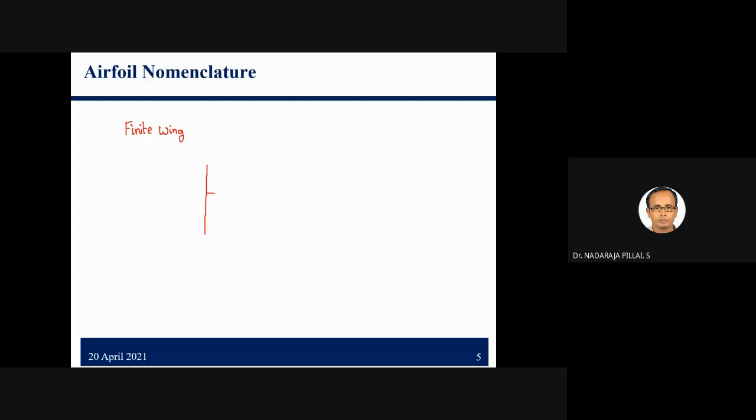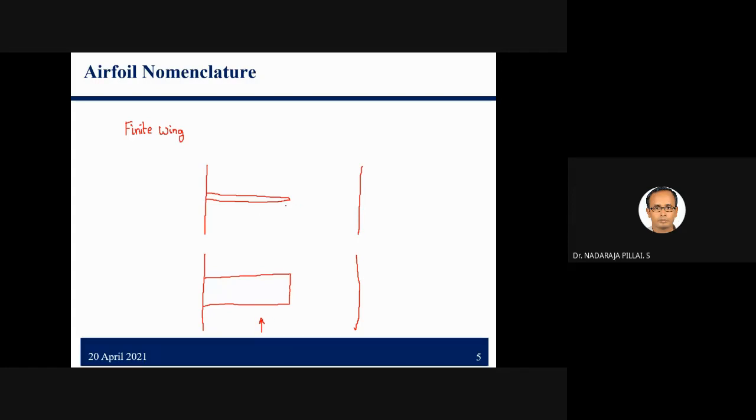So this is my wing, right? Now I leave the end plate, another end plate is here. If you see the top view, it will be like this. And I say that the free stream velocity is here. Now what happens?